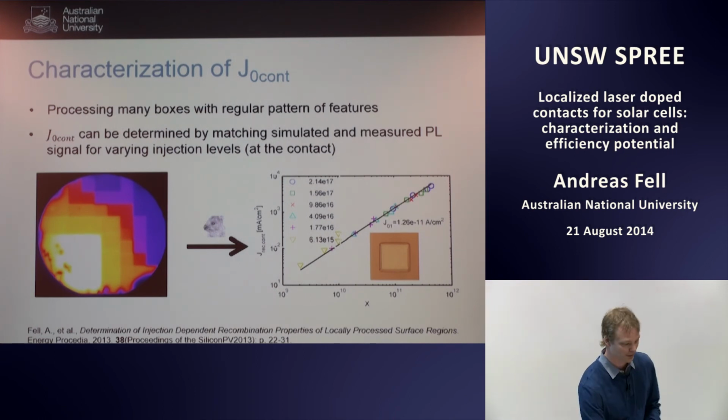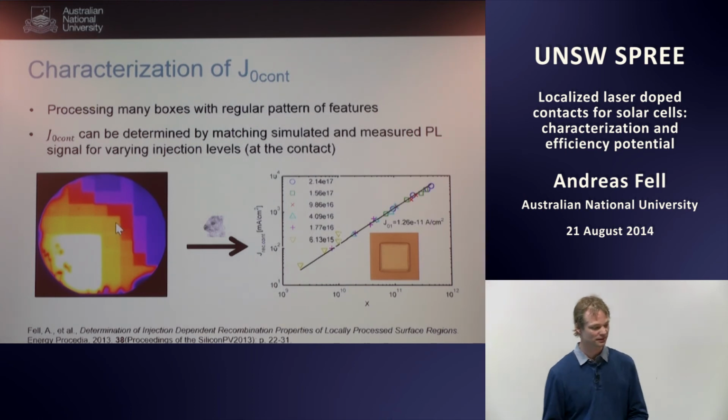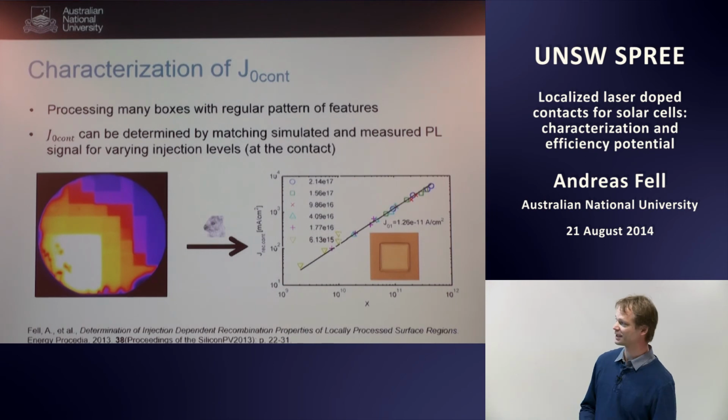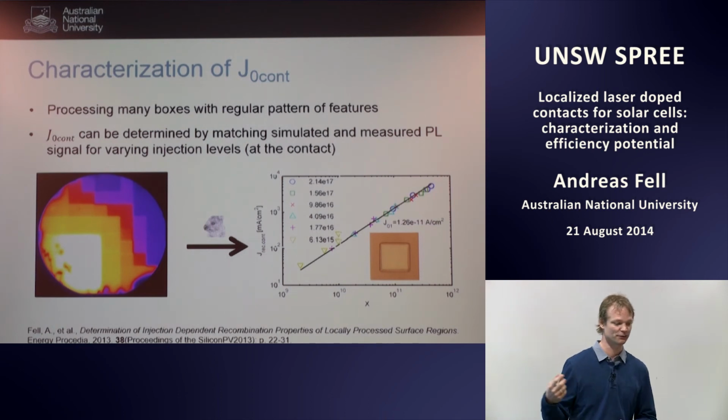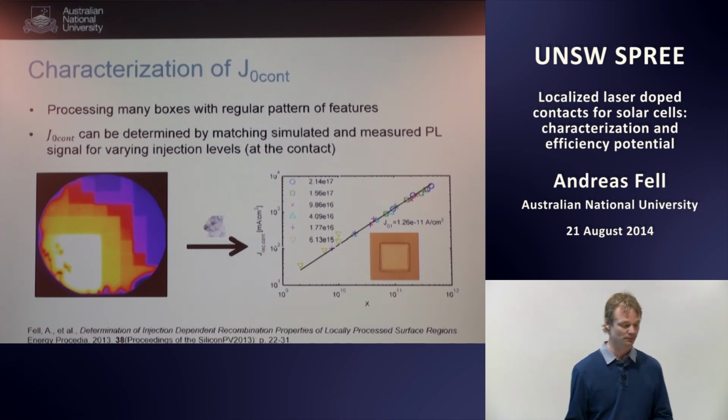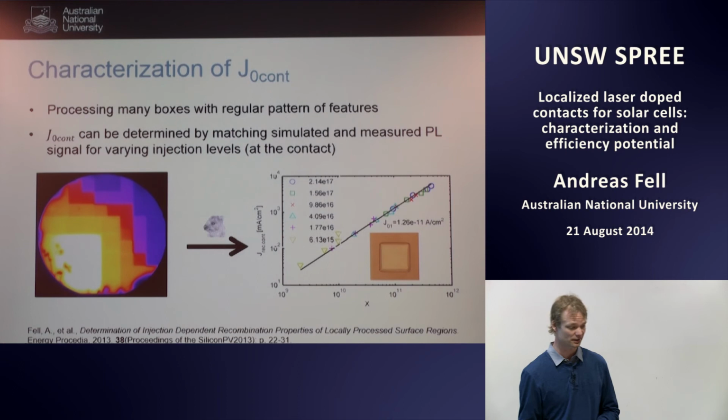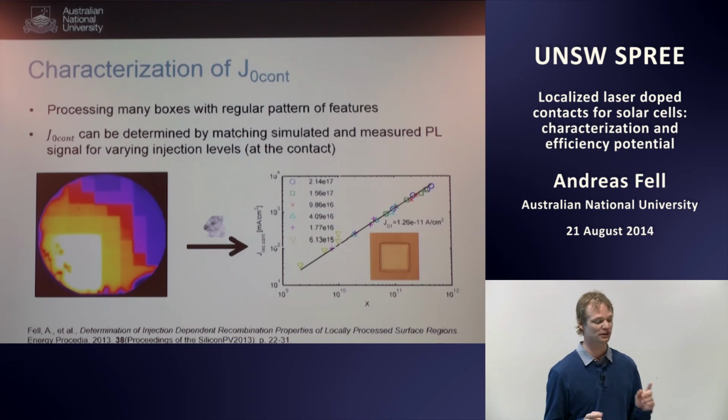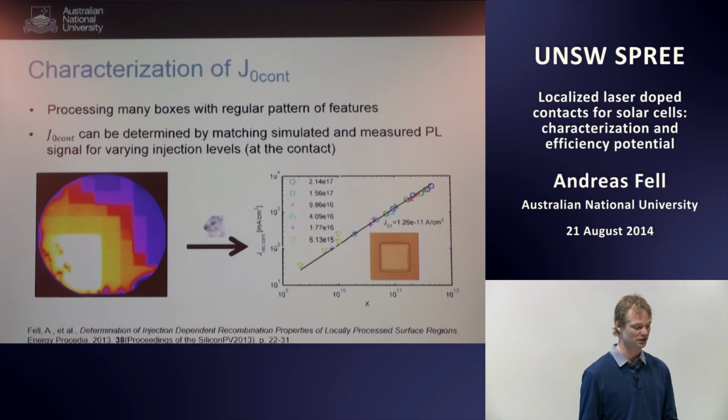And then for each box, we can run a 3D simulation, and again predict the PL signal of that 3D unit cell. And by matching it to the measured PL signal, we can again figure out the recombination at the contact. So here's another intermediate step. What we figure out is actually not the J0 property, not the saturation current density, but rather the recombination current for each pitch.